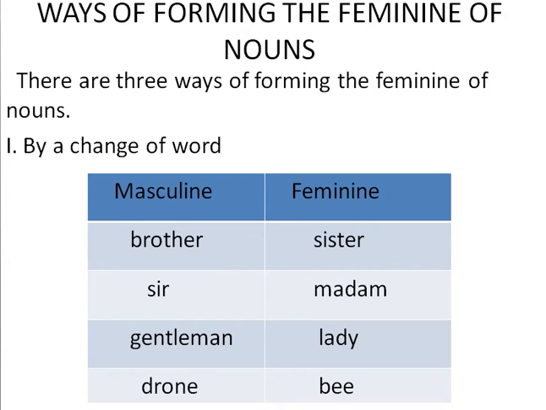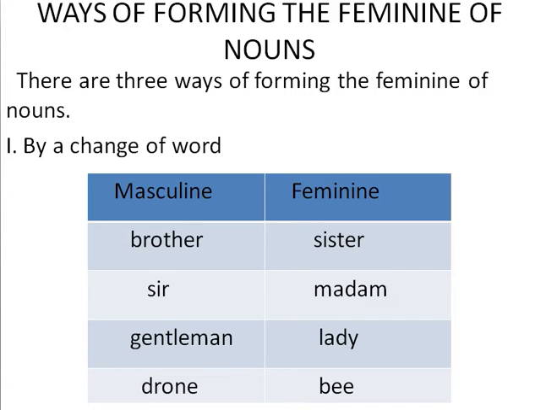There are different ways of forming feminine of nouns. Basically, there are 3 ways of forming the feminines of nouns. Firstly, by a change of word, meaning by using an entirely different word, as for example, brother, sister; sir, madam; gentleman, lady. Here the masculine is brother and the feminine is sister.